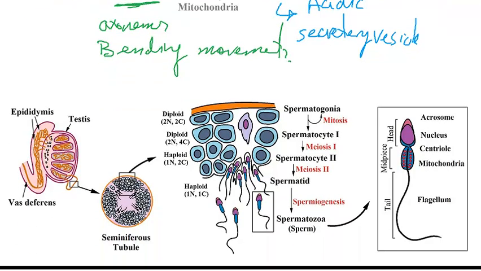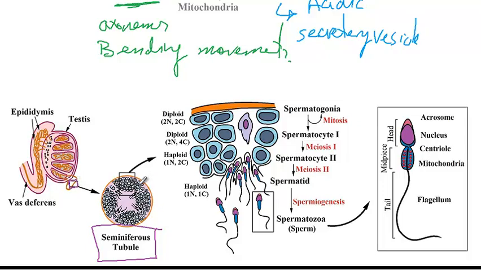So next I have a summary of everything that we just discussed regarding the sperm formation and spermiogenesis. We discussed that in the seminiferous tubules of the testes, here we have a testis that is made of lobules, and we have shown you a cross section of one of these seminiferous tubules.